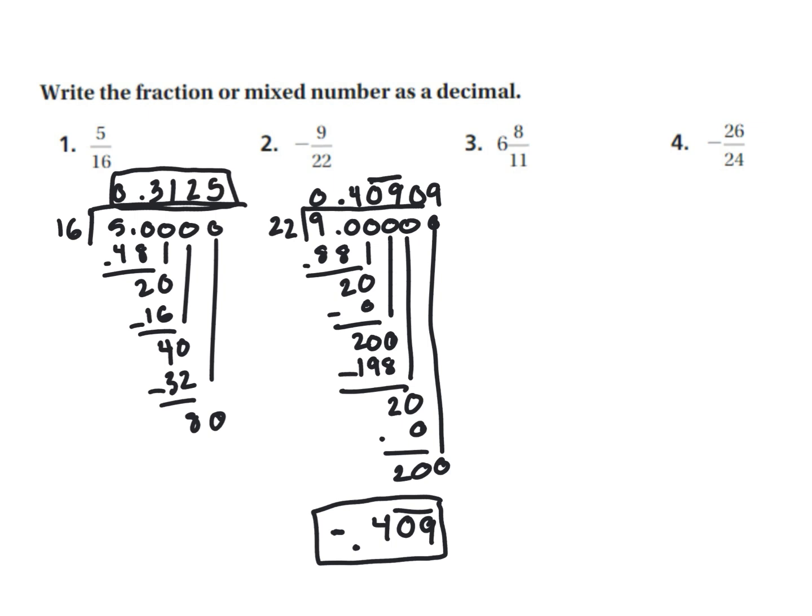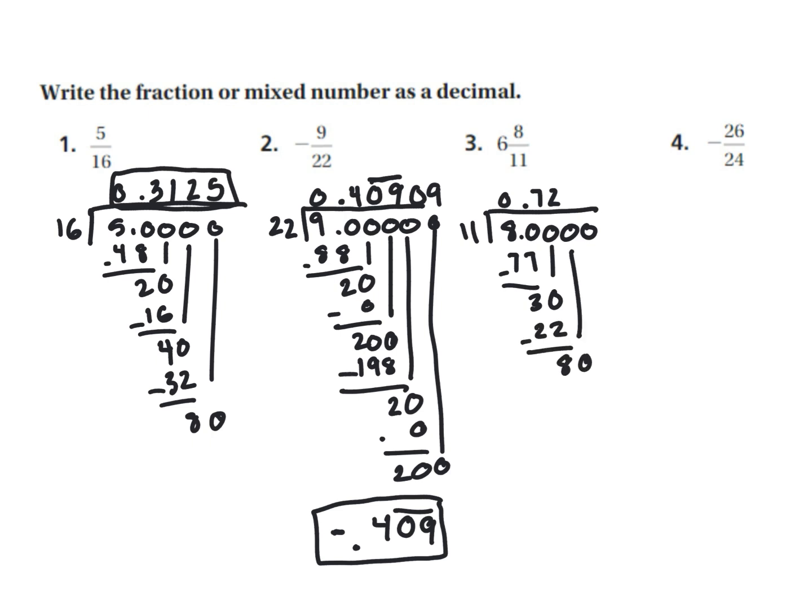For number 3, let's just take the 6 out, and we'll bring that whole number back at the end. So then this just becomes 8 divided by 11. 11 doesn't go into 8, but it does go into 87 times. 11 goes into 30 twice. 11 goes into 80 7 times. 11 goes into 30 twice.